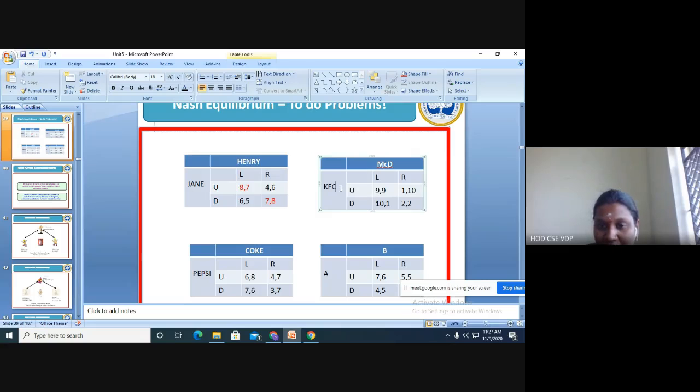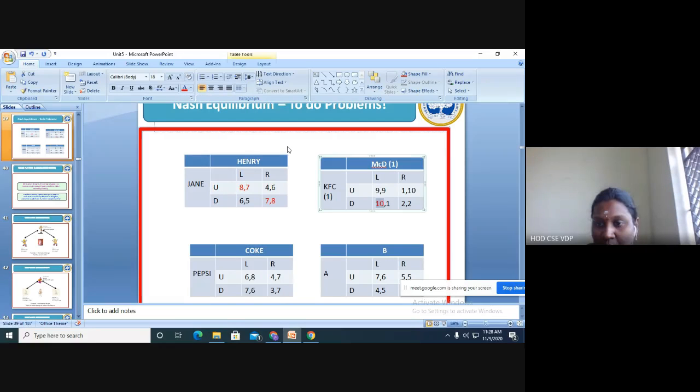Now let us assume the player 1 is KFC and the player 2 is McD, right? So the strategies they choose are U, D, L, R. So for the first player, I have to compare 9 and 10, and I have to mark red as the good strategy because the profit is higher.